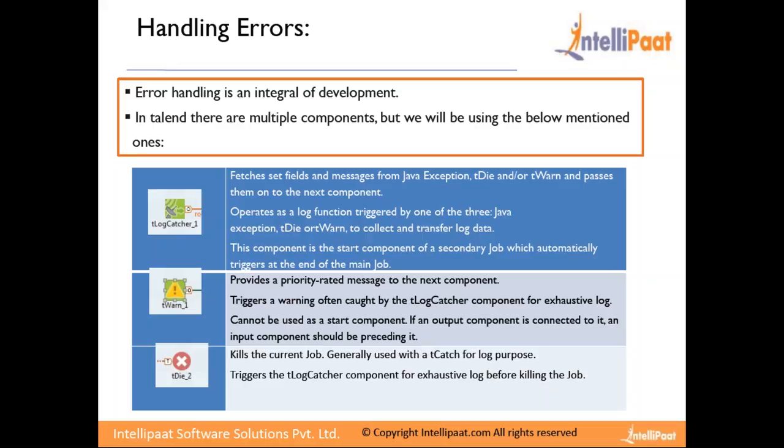So this tDie will automatically kill the job, and it won't run the job further. Whereas if you don't add this tDie, the job will run and go till the end, even though there is an error in the job.